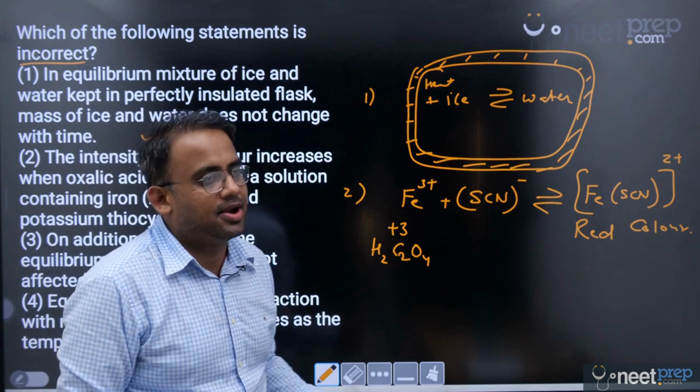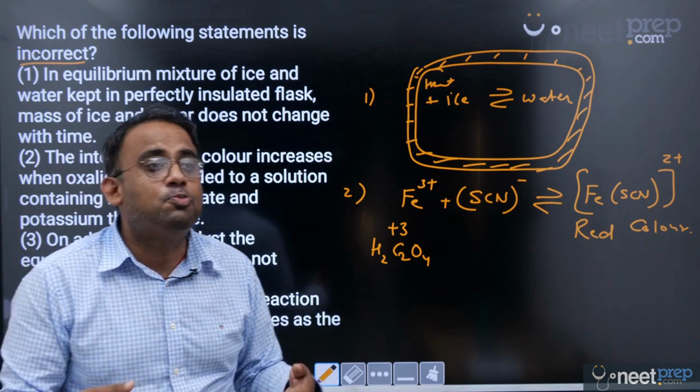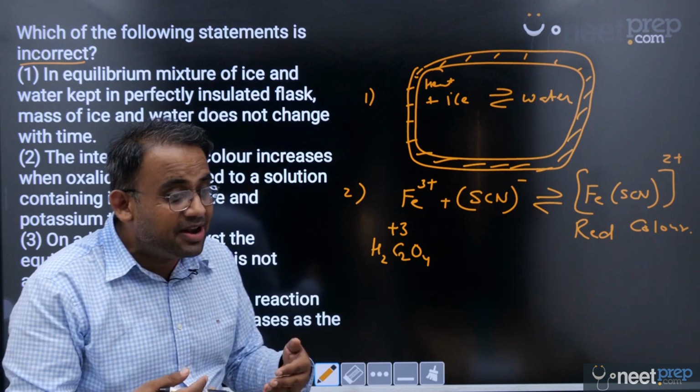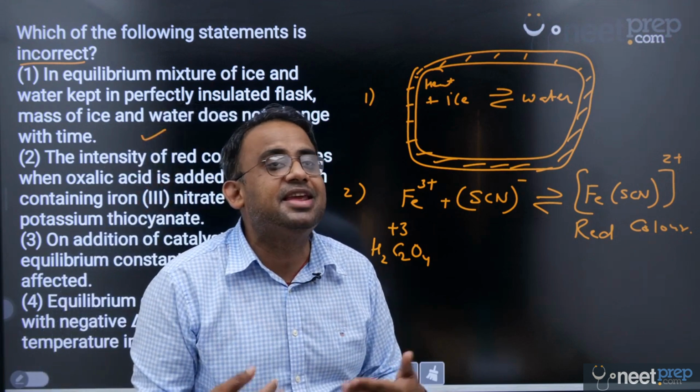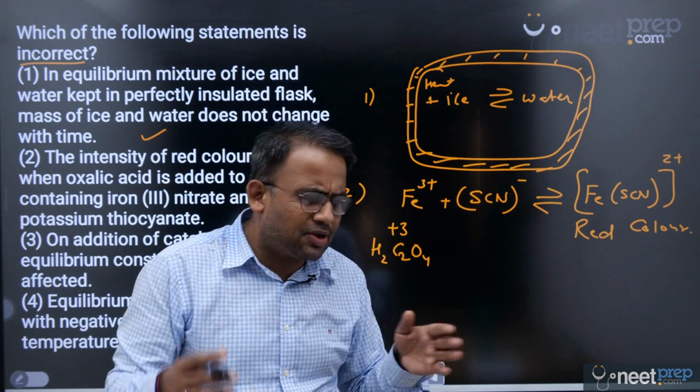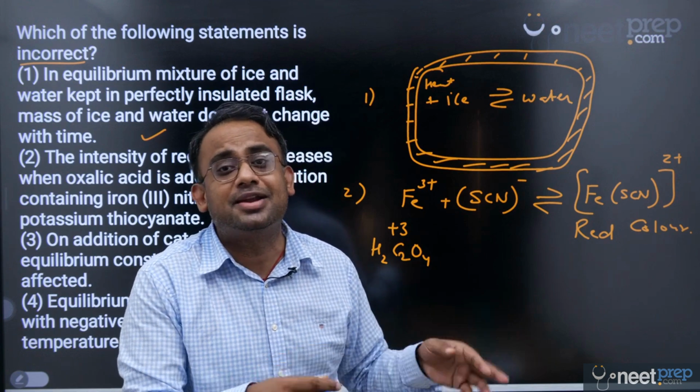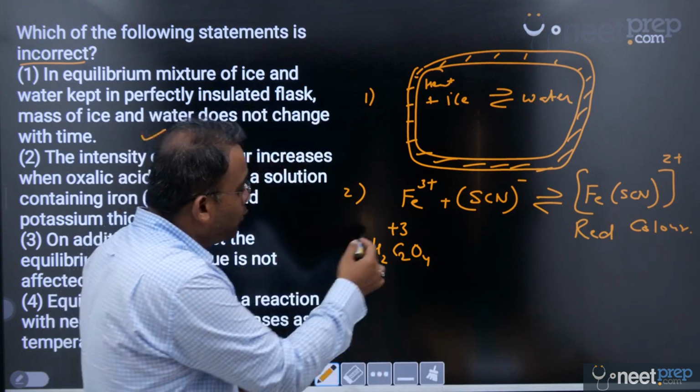What is going to happen? Carbon will go into +4 oxidation state. So carbon will get oxidized because there will be an increase in oxidation number. So someone else will have to get reduced. Now who will get reduced?